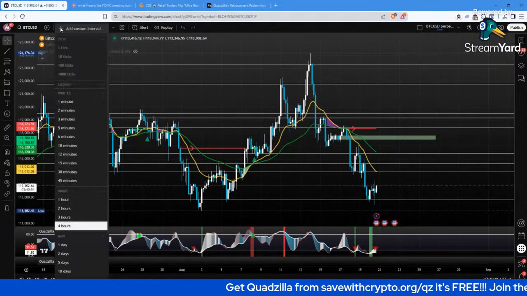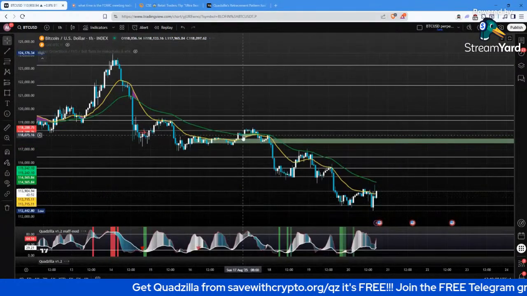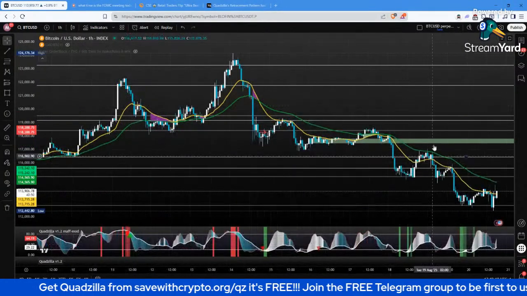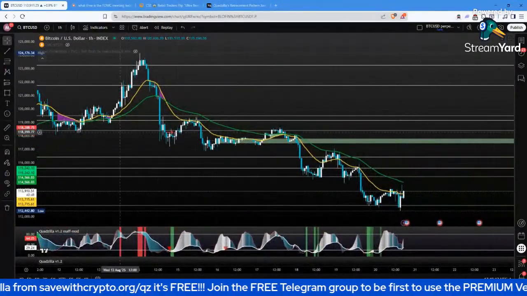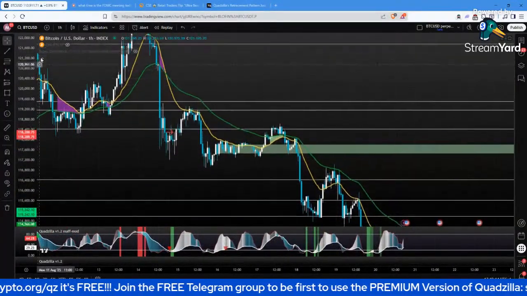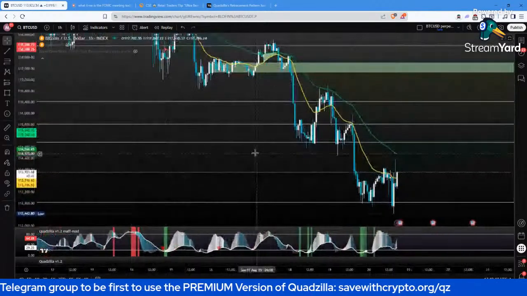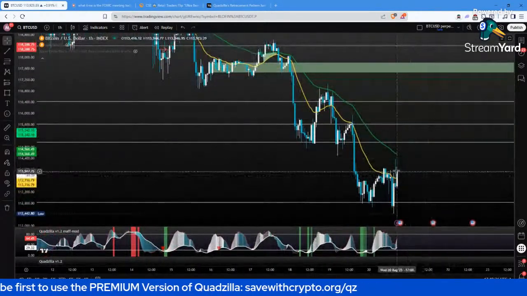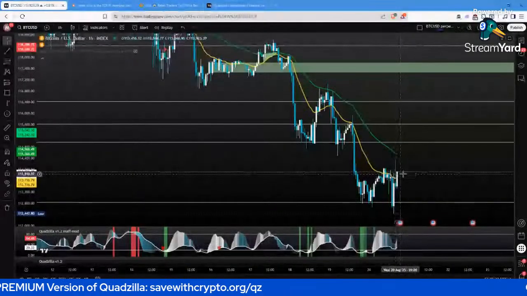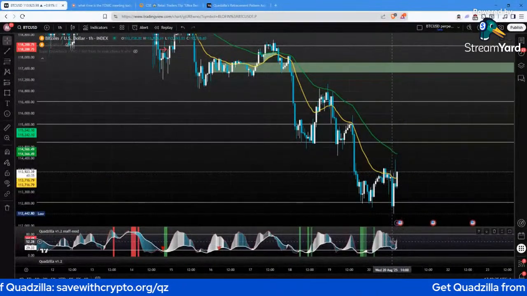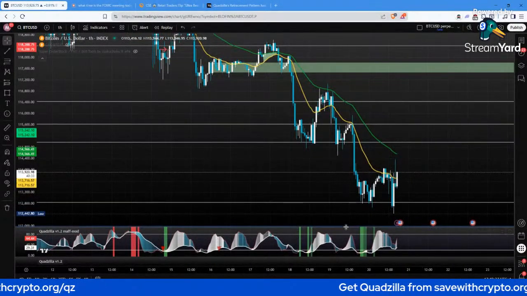Okay, so if I drop down to say the 1 hour from there, what does that tell us? Not very much. It seems to be in a very mid-range area at the moment, and you can see it in the momentum oscillator as well.